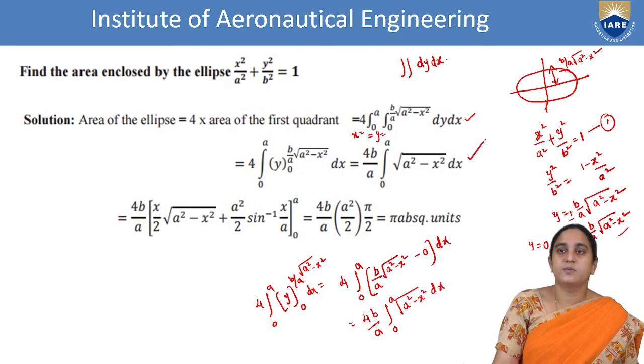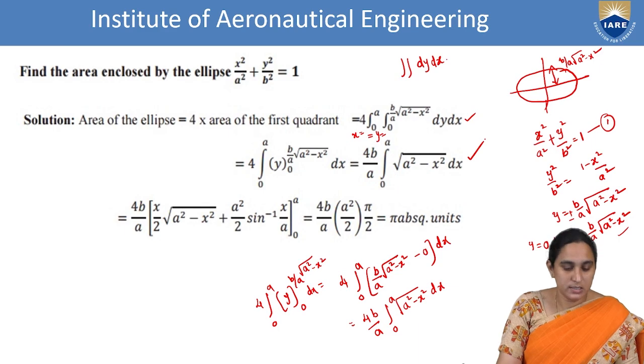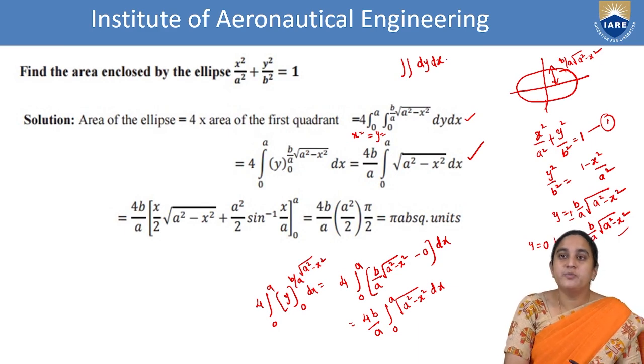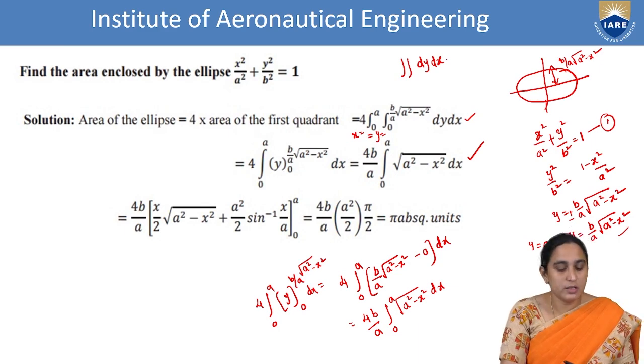That is this one. Now integrate with respect to x. What is the formula for the integral of root a square minus x square?